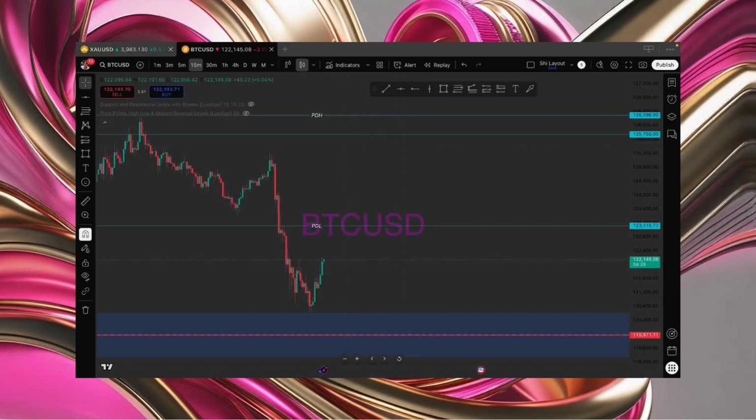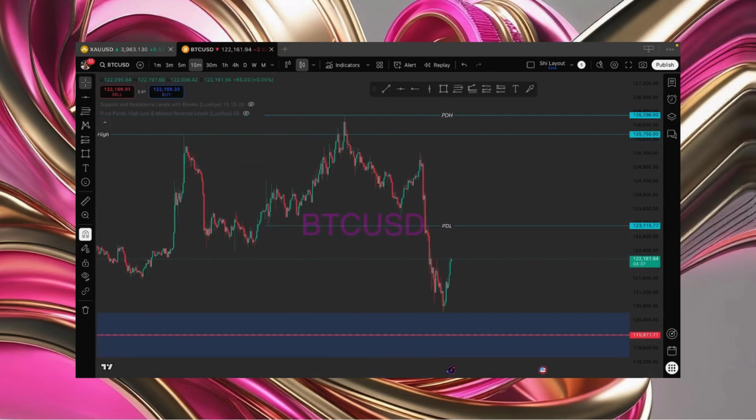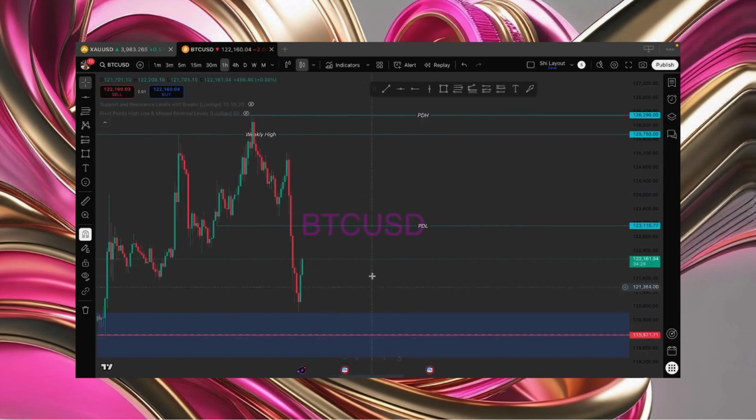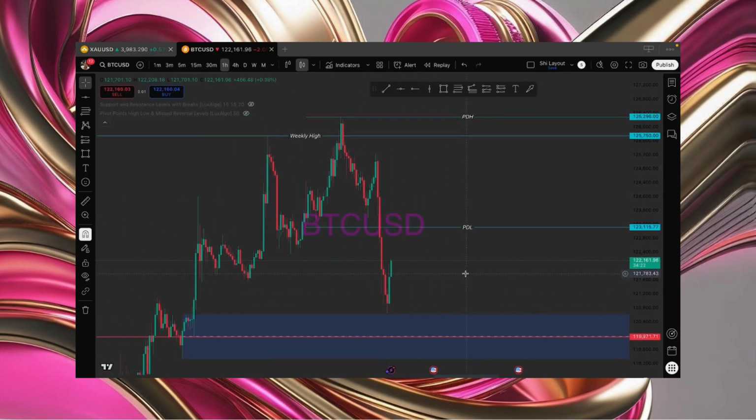But you just have to know that in order for price to keep moving and keep reaching all-time highs, it has to have momentum. And where does it grab momentum from? It grabs momentum from either a supply zone or a demand zone, okay?